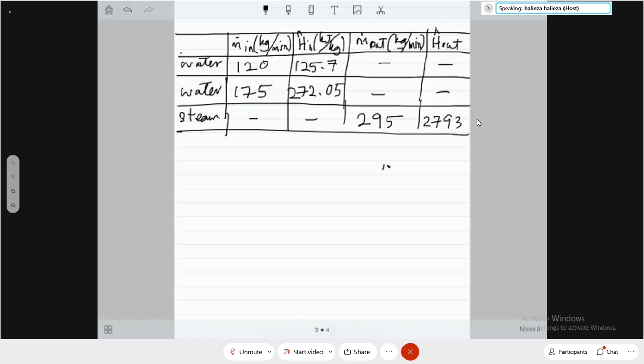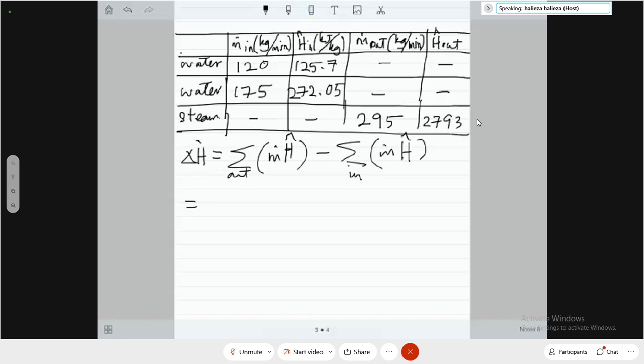So now, using the equation, delta H is equal to out mass multiplied by the specific enthalpy minus in mass times the specific enthalpy. So how to do it? Give me the values, guys, from the table.